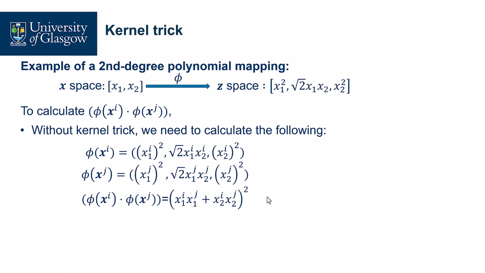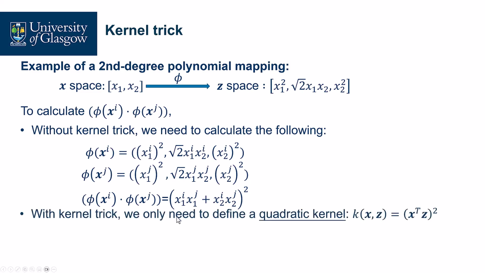Now I define a kernel function, which we call a quadratic kernel. This function takes two vector inputs, x and z. The result is x transpose times z, squared.